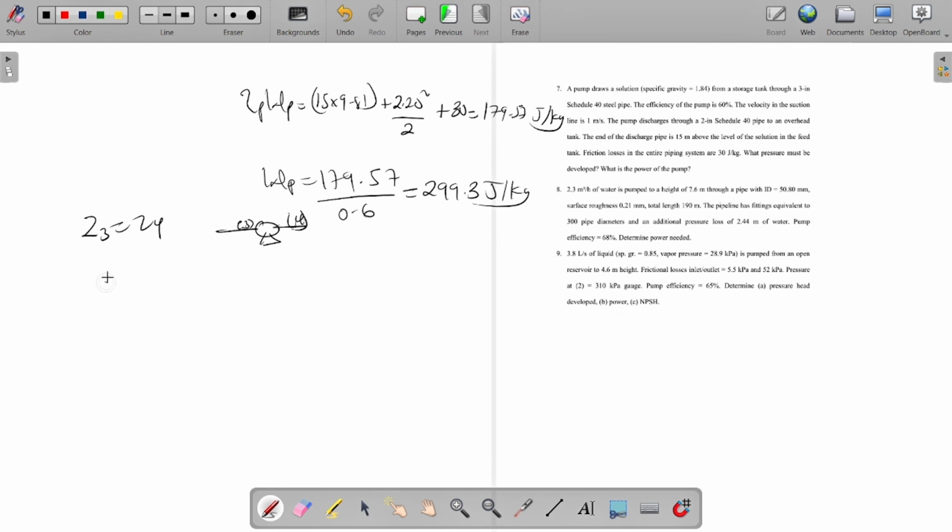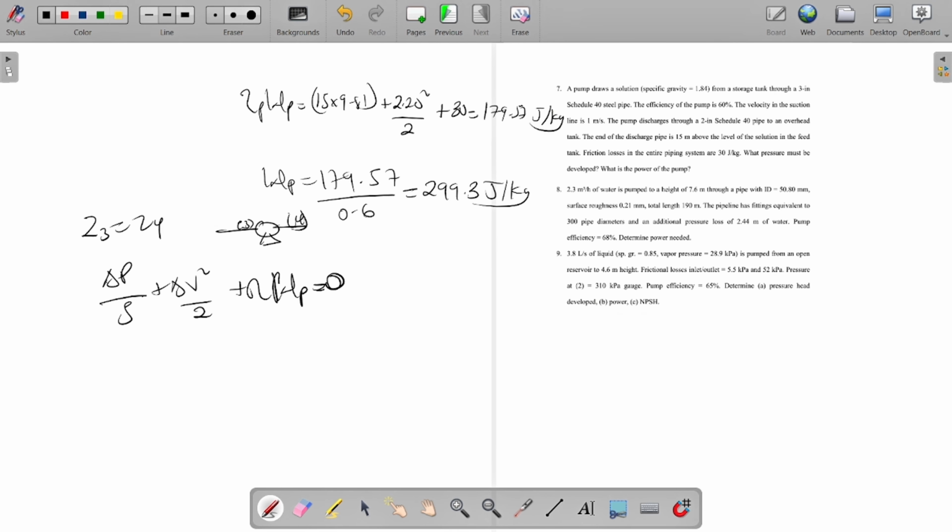So writing Bernoulli's equation between those 2 points, I have change in P over rho plus V squared over 2 plus WP is equal to 0. Since I'm writing a Bernoulli's equation between point 3 and point 4, I won't account for the friction losses over there.